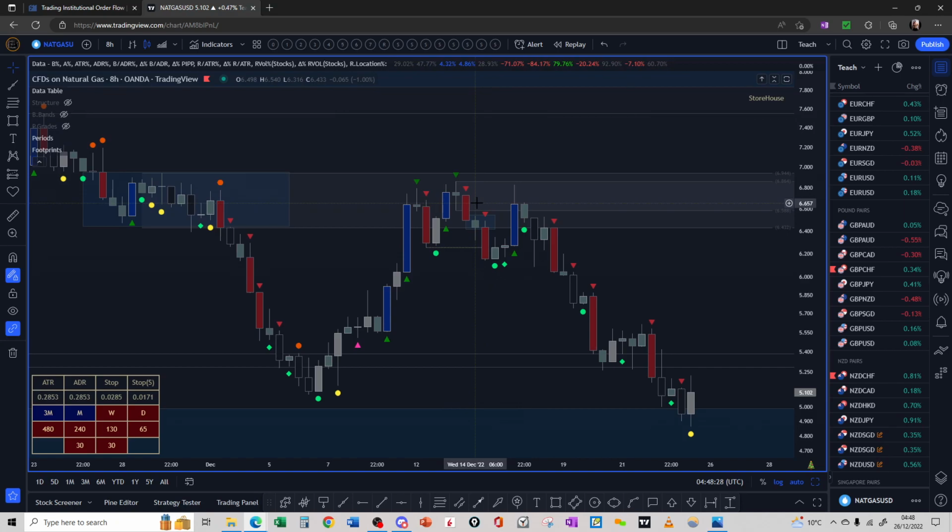And I've learned over the years, and that's why I'm mentioning it as an important observation, not to put my stop into a supply zone when I'm shorting, and not to put it into a demand zone when I'm buying, because I don't know where prices are going to turn, right?